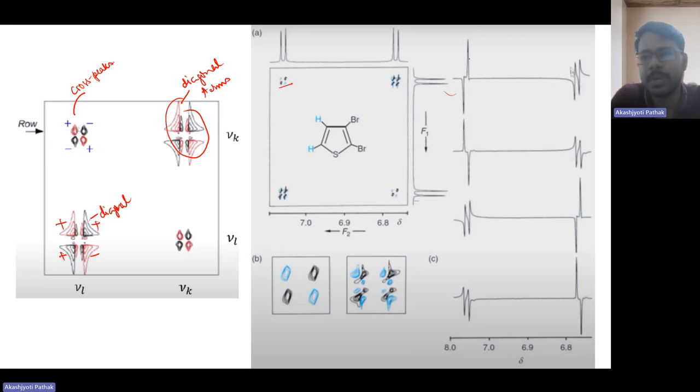Here, this is the absorptive line shape, how an absorptive line shape looks in an NMR spectrum, and this is the dispersive line shape. So for these two peaks, this is the contour map, and if we see the side view, we get this shape, called the dispersive line shape.